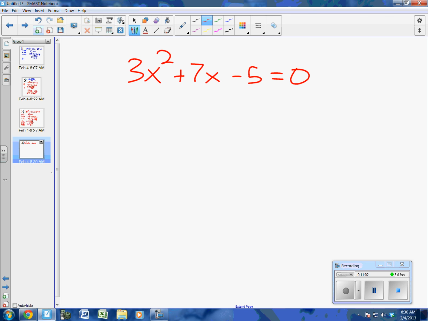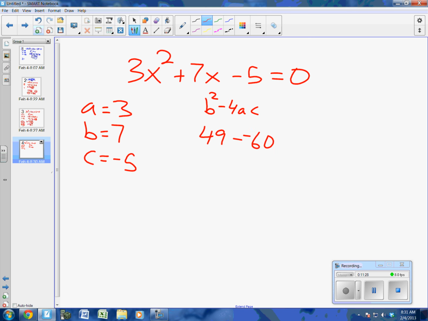So here we go. What's A, what's B, and what's C? A is what? 3. B is what? And C is what? Okay. Let's figure out the discriminant, see what kind of solutions we're going to get. B squared, that would be 49. 4 times 3 is 12, times a negative 5 would be a negative 60. 49 minus a negative 60 is 109.